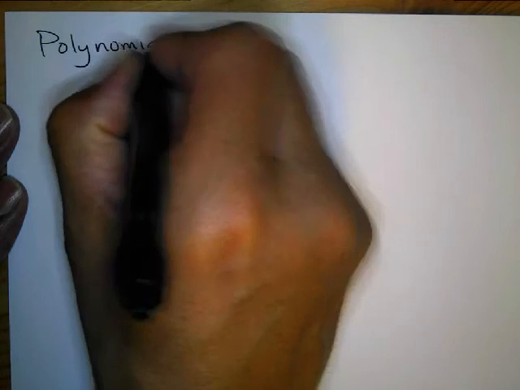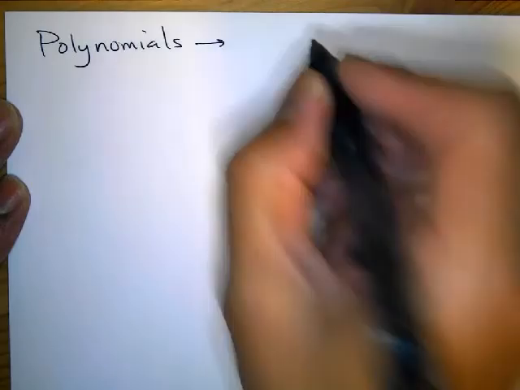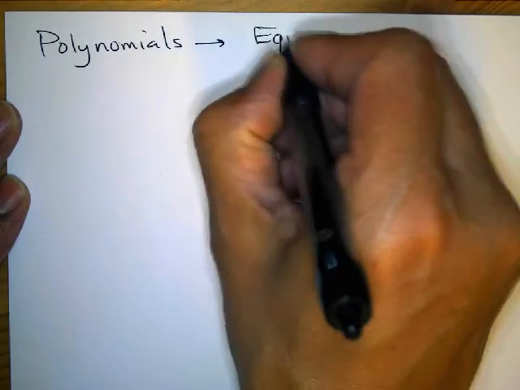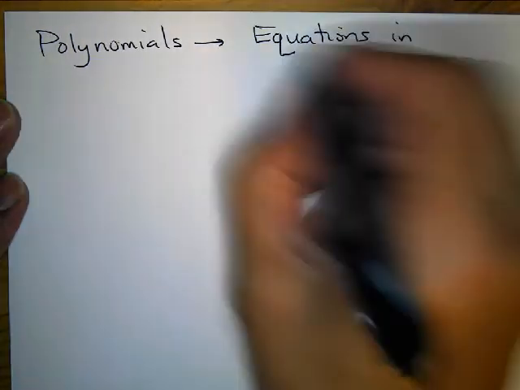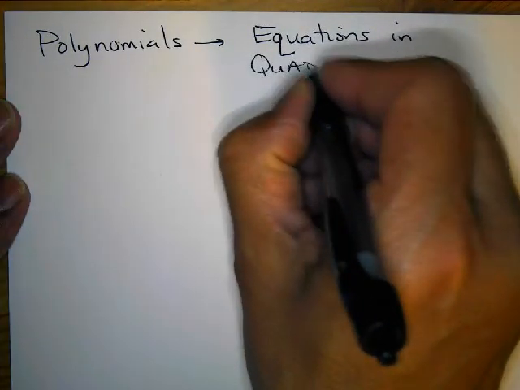Okay, here's where you'll see the notes here that now we're going to tie in and use pretty much all this that we're looking at. Polynomials, we're looking at equations in quadratic form.